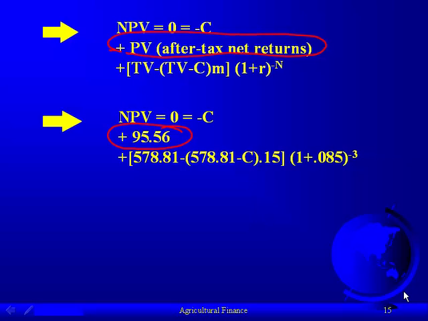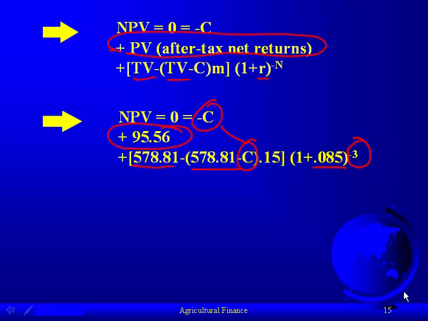You should be able to spot that number. Also remember that the terminal value was $578.81. That's something we calculated. The discount rate we determined was 8.5%. The life of this investment was 3 years. And now we have to calculate the C's. So now this just becomes an algebraic problem.